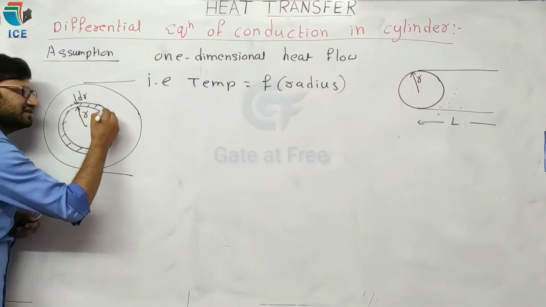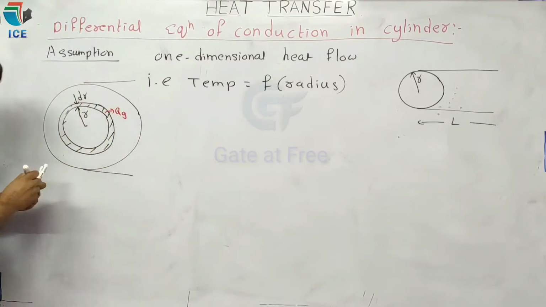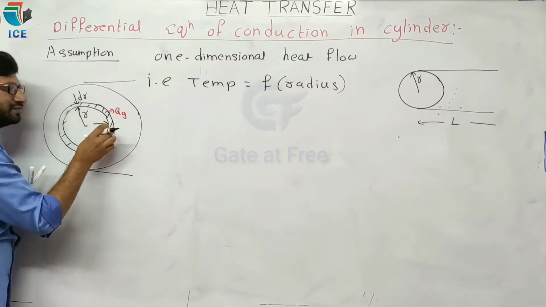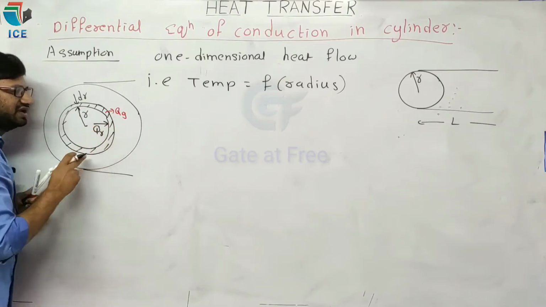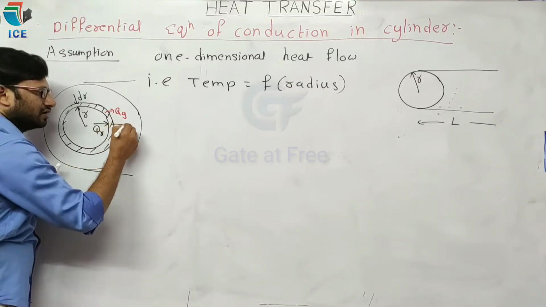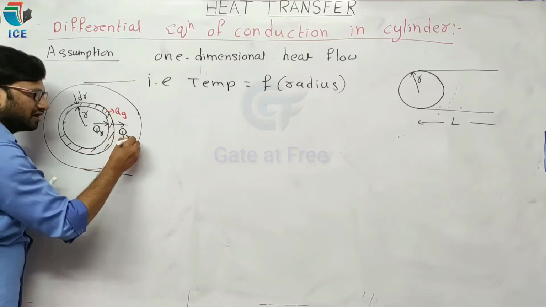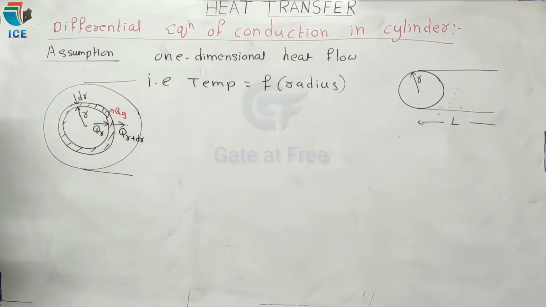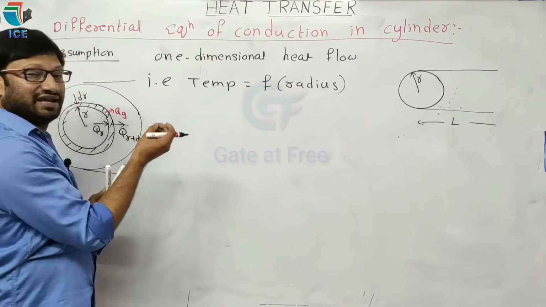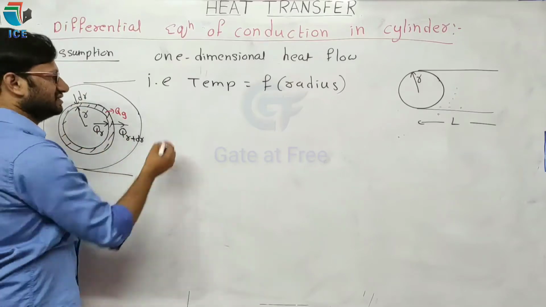Assume there is heat generation in this small cylindrical ring, Qg. Say there is heat conduction in this small cylindrical ring, with heat in represented as Qr and heat out of the cylindrical ring as Qr plus dr. In the previous class, when deriving the differential equation of conduction in a plane slab, we took the energy balance equation.